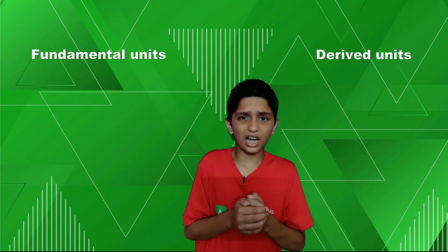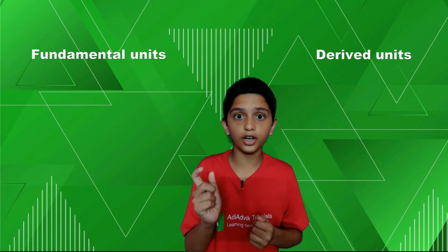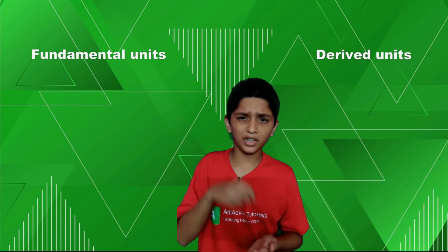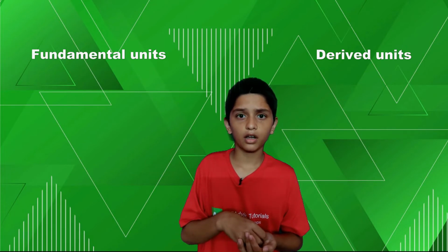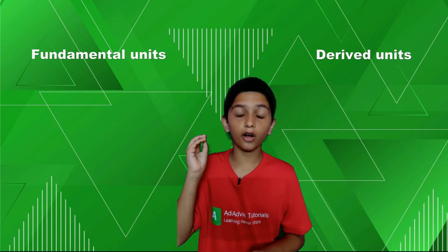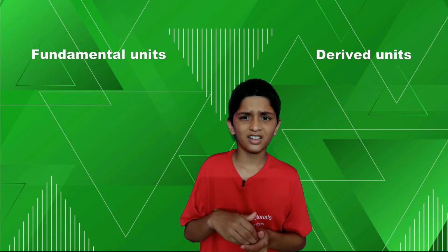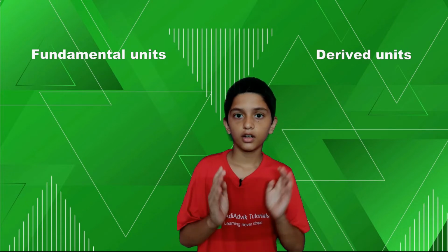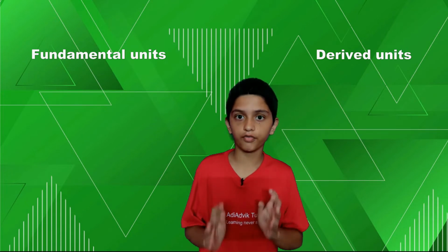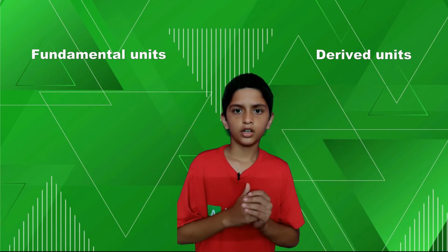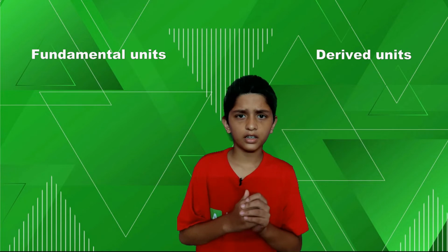Then what are derived units? Derived units are the units that are dependent on something. They are dependent on fundamental units. Why? Because their formulas are in terms of the fundamental units. Let's take an example. You know area, right?